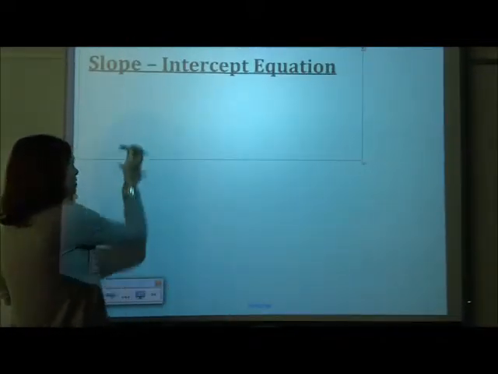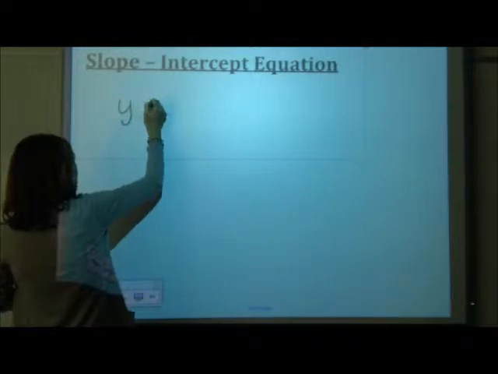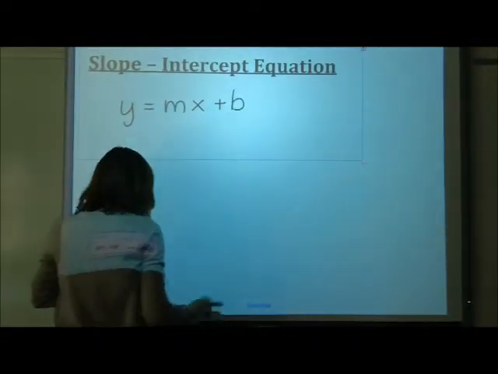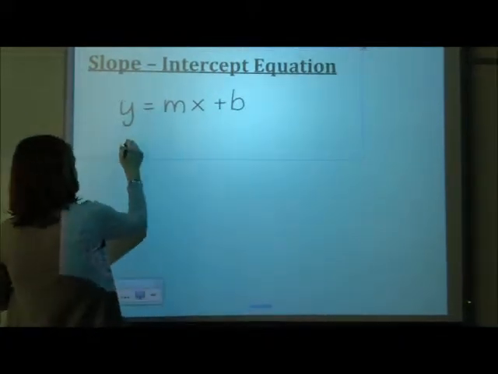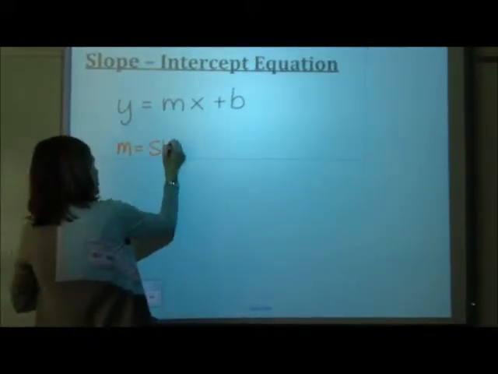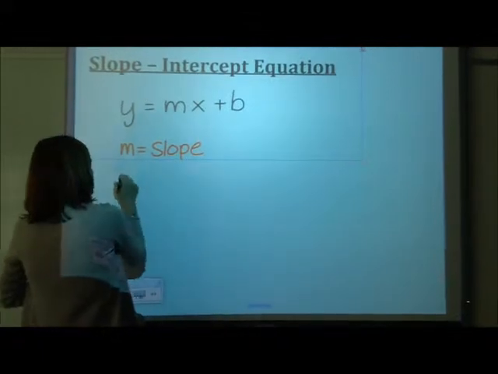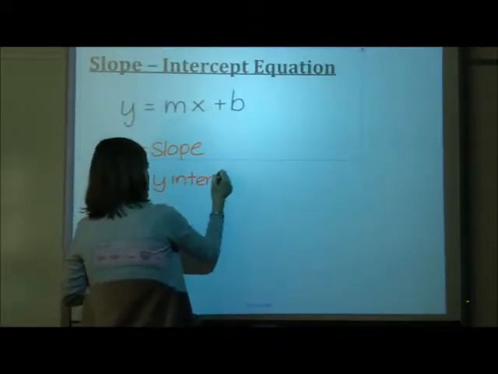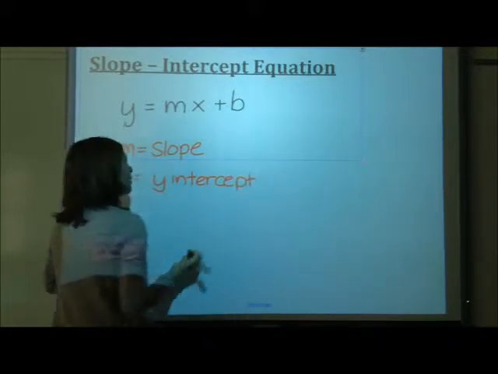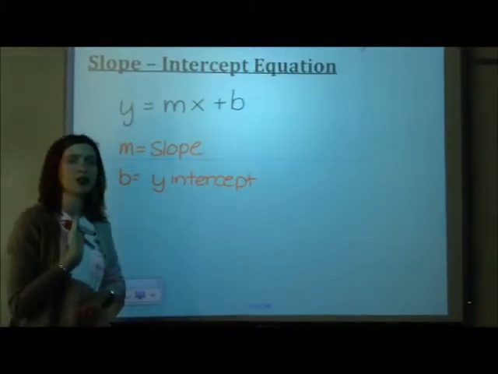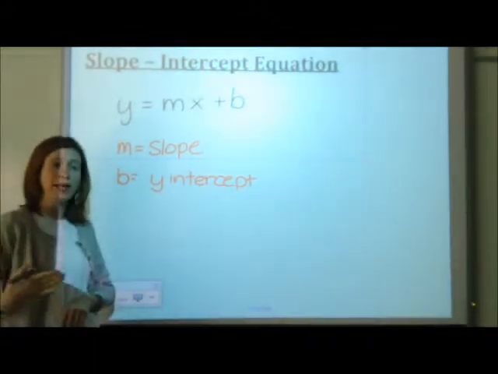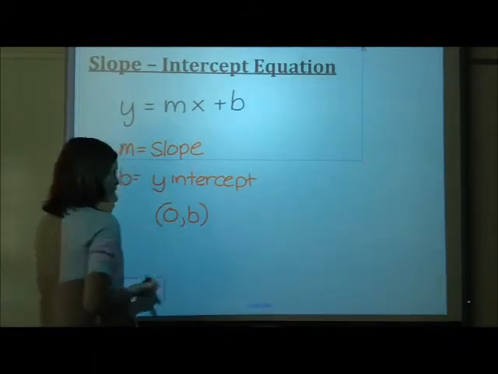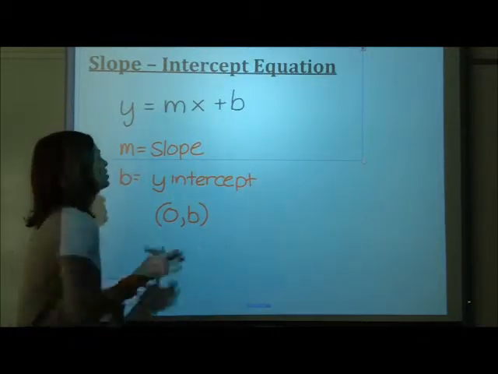The slope-intercept equation is y equals mx plus b, where the m represents the slope and b equals the y-intercept. Okay? But as we've talked about, I would like you to always write the y-intercept as a coordinate point where x is 0, so (0, b) is my y-intercept. All right, so let's see how this is used.